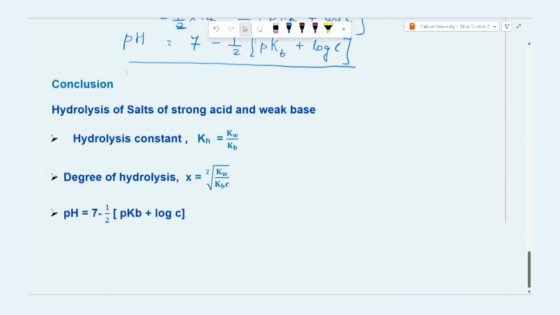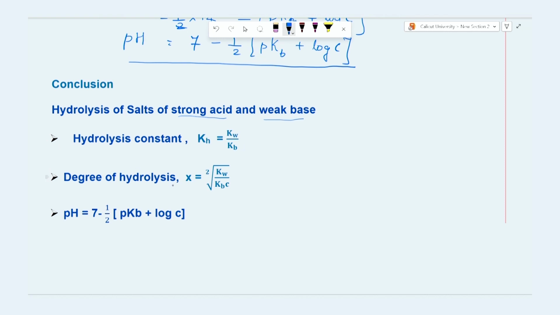Here we have been discussing the hydrolysis of salts of strong acid and weak base, and we derived an expression for hydrolysis constant Kh, which is equal to Kw by Kb.